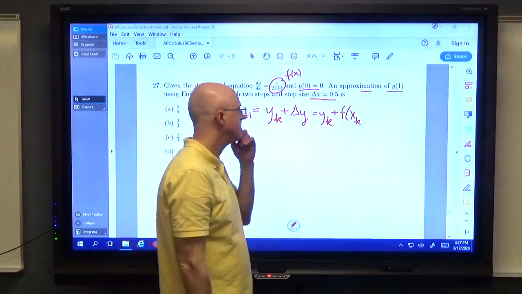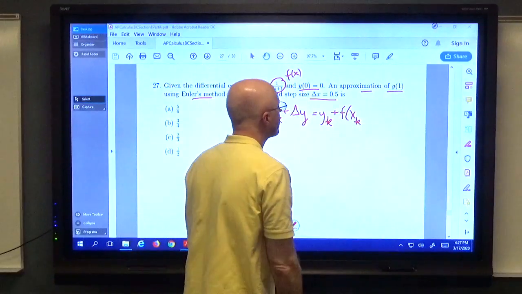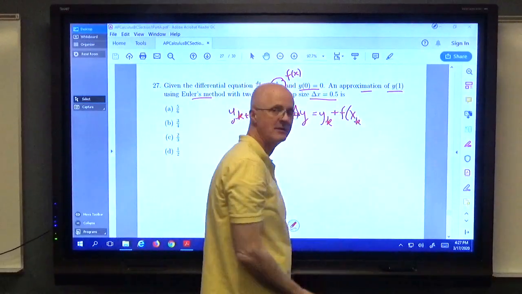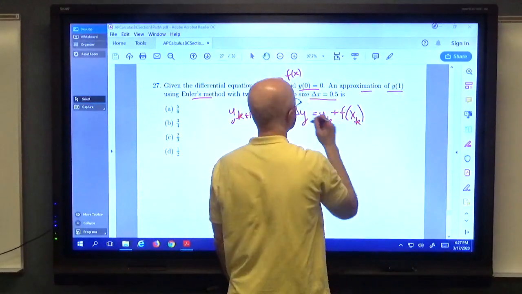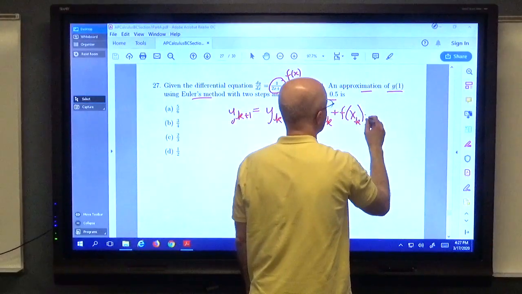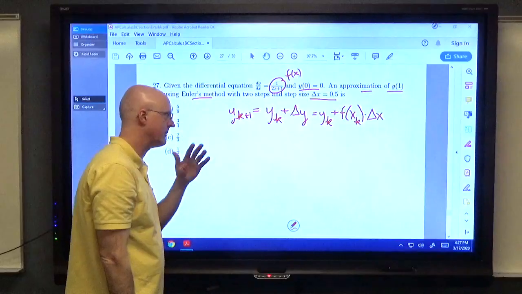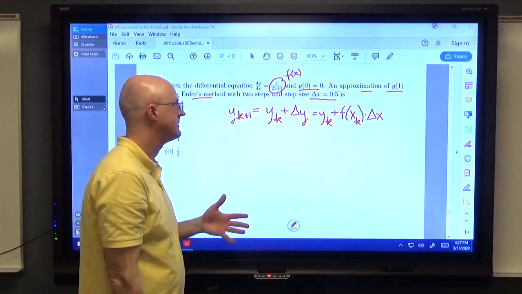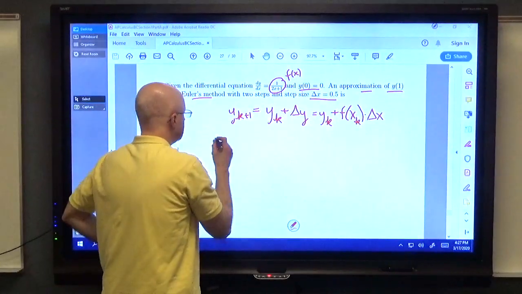So in general, there could be both an xk and a yk in the argument of this function. In fact, it's much more interesting when it does involve y. But in this case, it just involves x, so we can just put an x in there, times delta x. So I'm not going to explain where this formula comes from, other than just to say it comes from essentially equations of tangent lines. That's where it comes from.